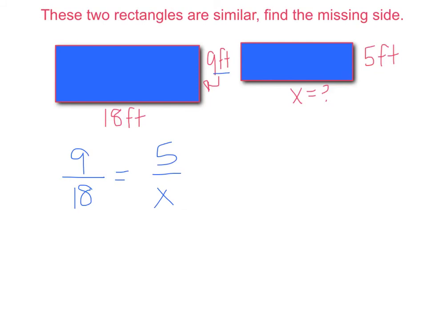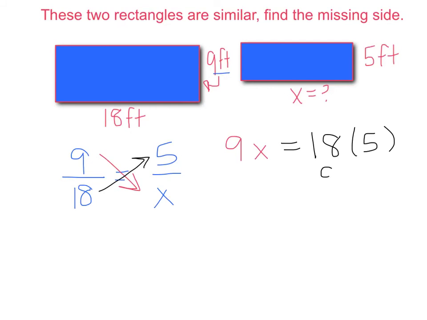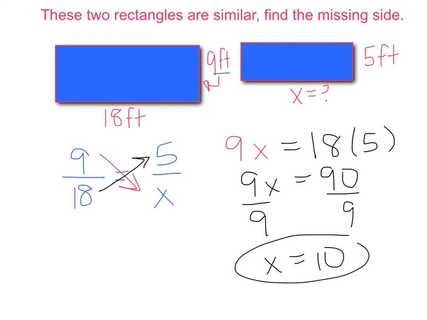So we're going to say 9 times x equals 18 times 5. 18 times 5 equals 90. So 9x equals 90. If we divide both sides by 9, x is going to equal 10. So in order for these to be similar, x is going to have to equal 10 feet.